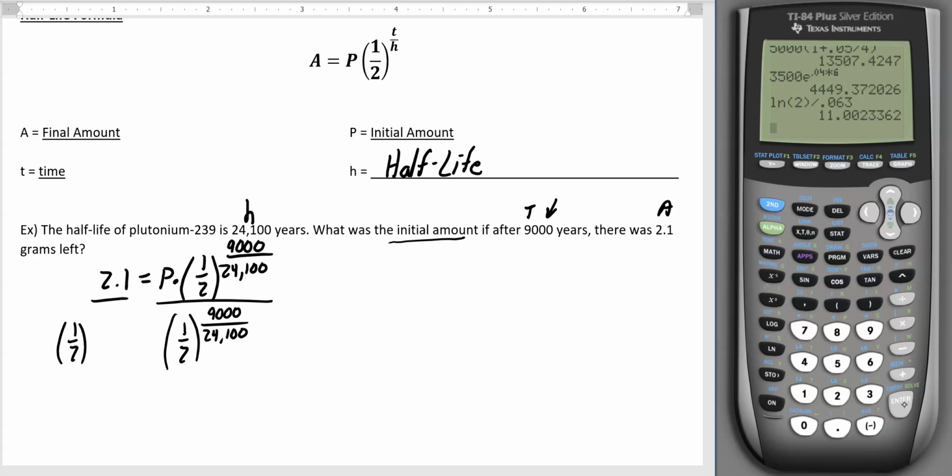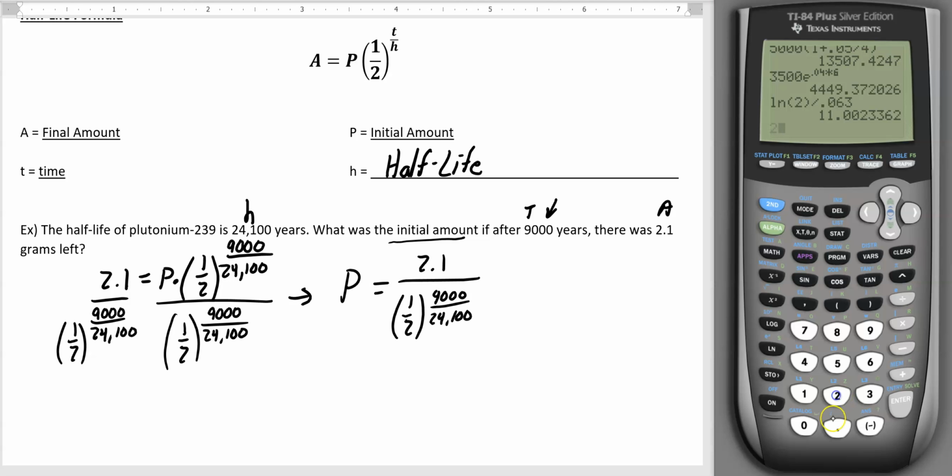Now, putting this in our calculator might be a little tricky, but we'll try our best. So when I do that, I get P equals 2.1 divided by 1/2 to the 9,000 over 24,100.